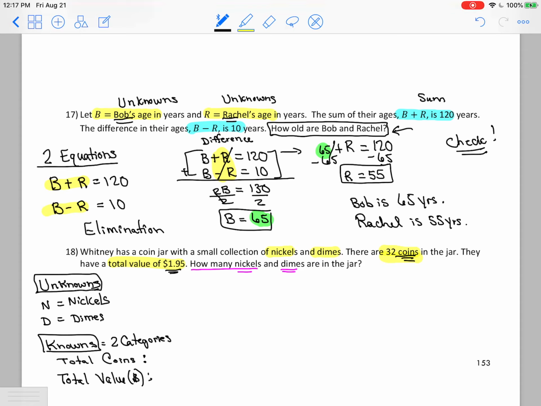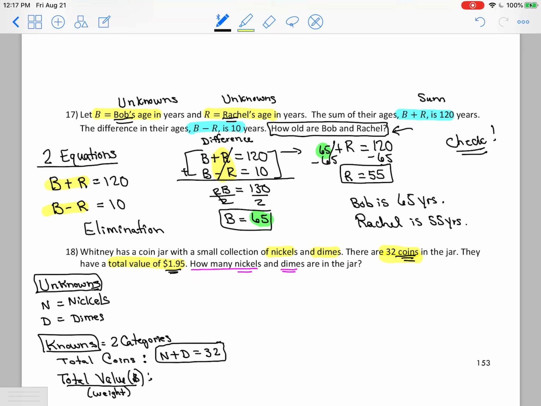With total number of coins, all I'm really doing is adding my nickels plus my dimes, and I know that in the end that has to be 32 coins. So there's my first equation. And remember how we talked in one of the other videos about how one of these categories is going to be weighted? Money is always weighted. So we're going to have to weight these.